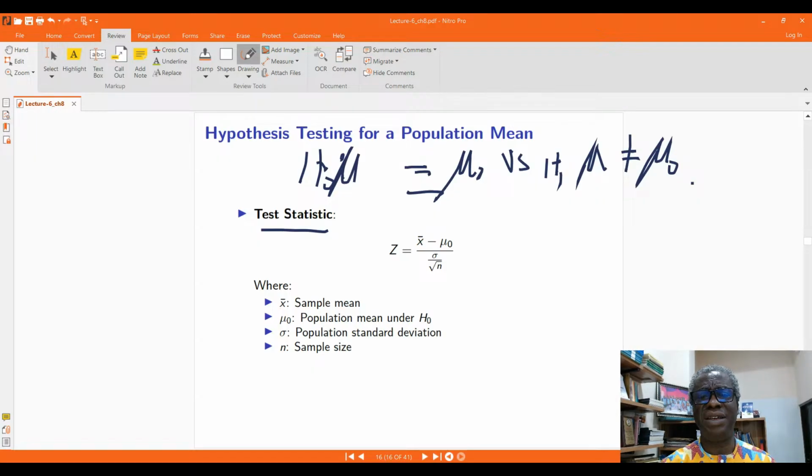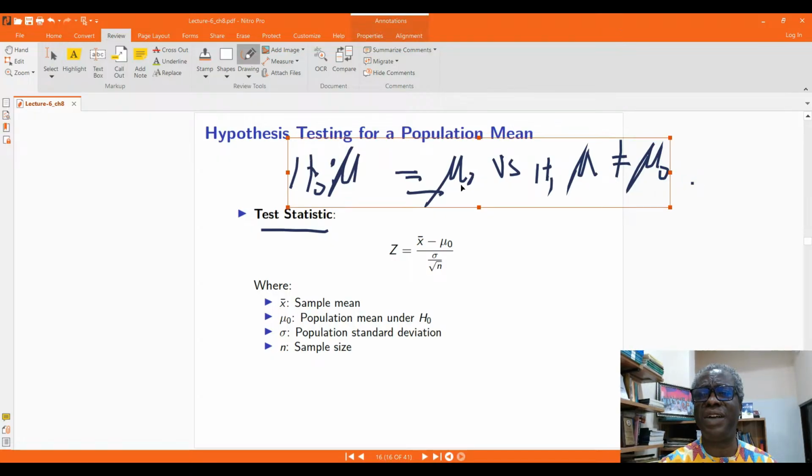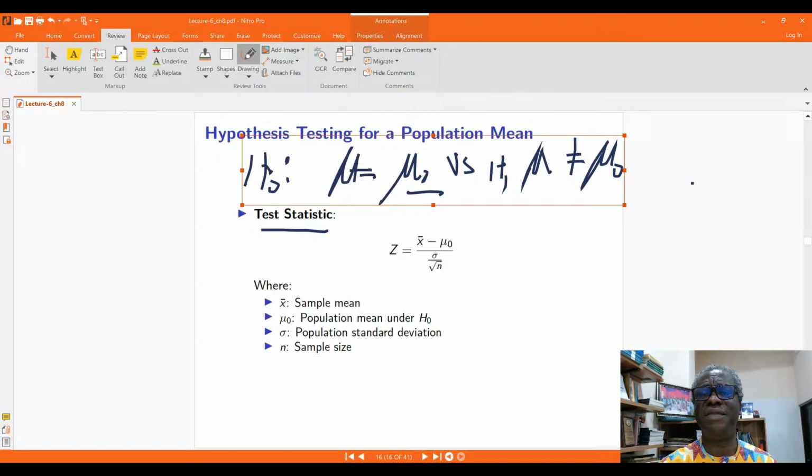X bar is the sample mean. That is the mean obtained from the sample. The mu naught is the hypothesized population mean. That represents maybe the value the researcher is claiming, and that's the value that is in the formula.